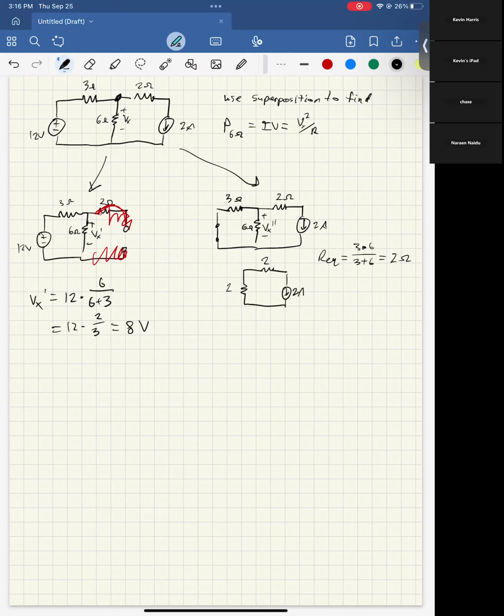And then we will get 4 volts, like that. Since the current is going that way, that's going to be the direction. So really what we have here is negative 4 volts.